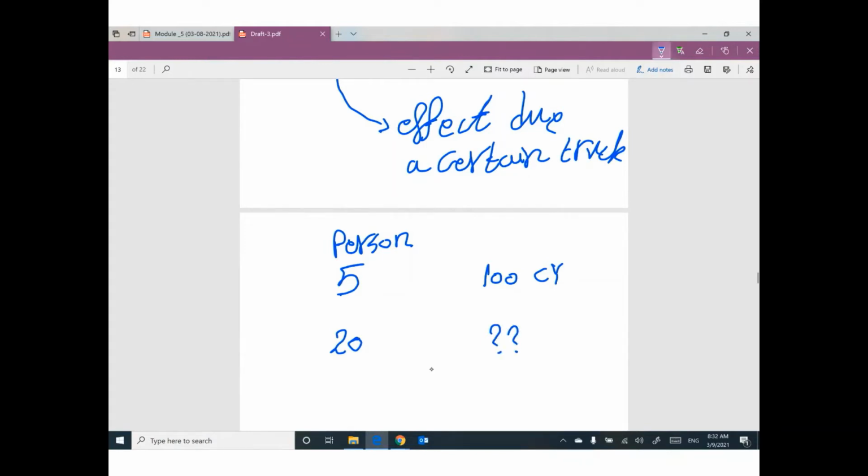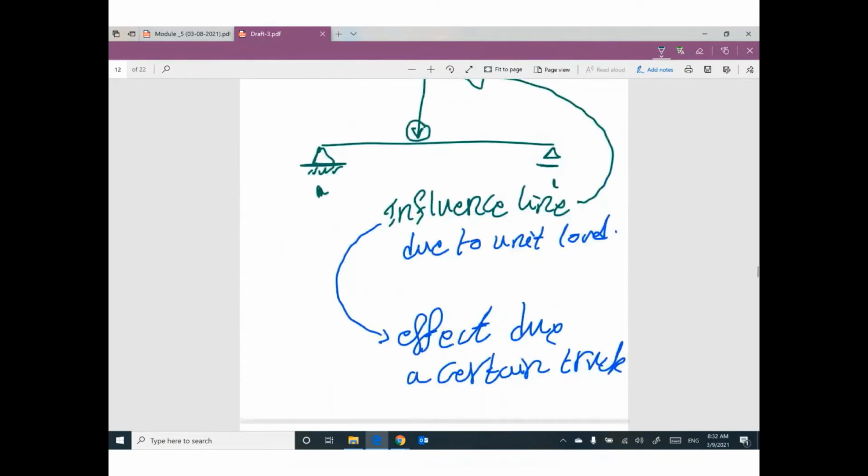If I give you the example, 5 persons can excavate 100 cubic yards, how much can 20 persons excavate? You can do this one time, this one time, so you can figure out how much. The same problem here.